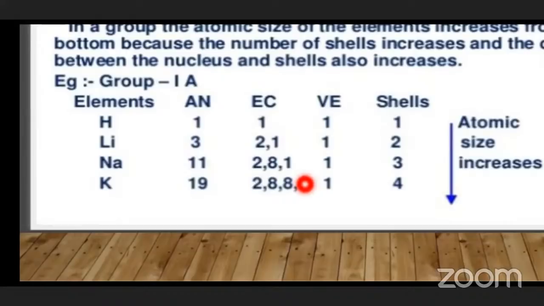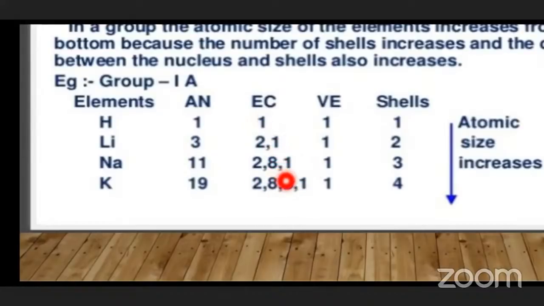Similarly, the magnet is present here and these are the iron nails. Which nail can you easily remove? This nail, because the magnet force is less upon the last nail. Similarly, the nucleus attraction force is less on the last electron, so it can be removed with less force and it can lose the electron easily when compared with hydrogen.